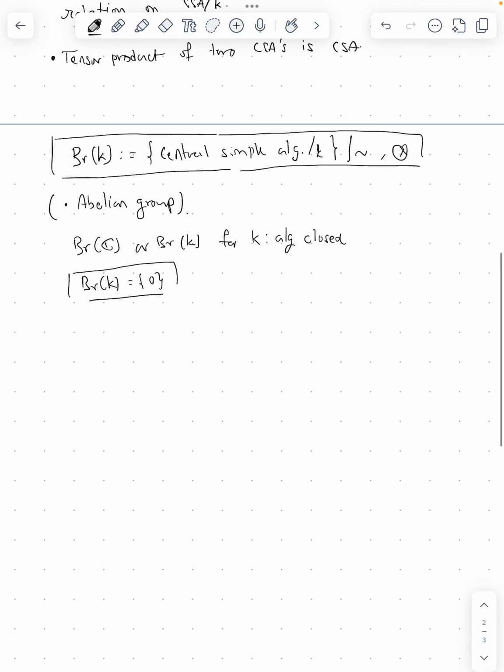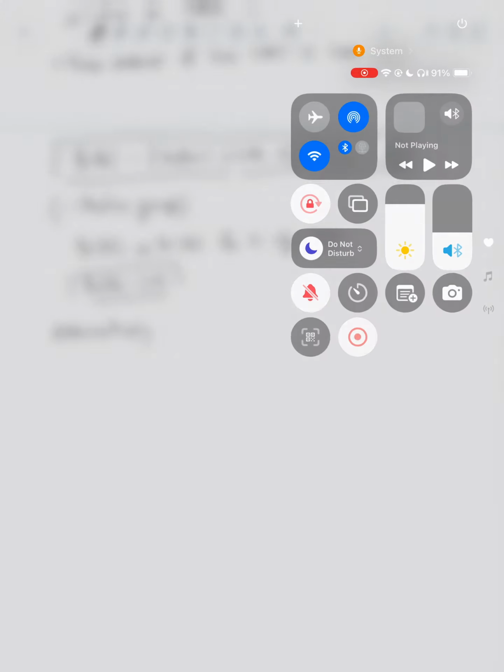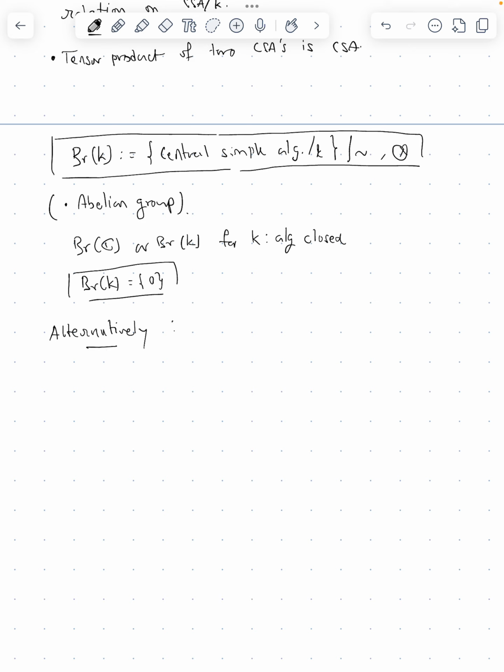So alternatively, again on the set of central simple algebras over K, you pick two elements of this set and you say they are equivalent if and only if there exist two positive integers m and n such that A tensor M_m(K) is isomorphic to B tensor M_n(K).